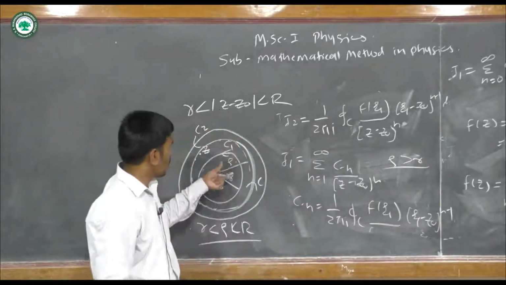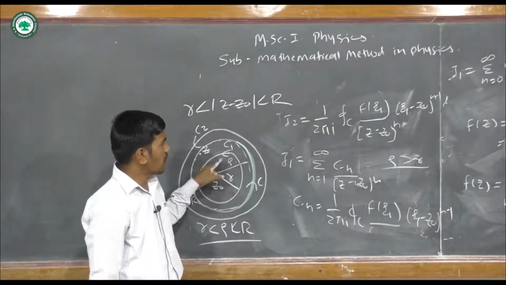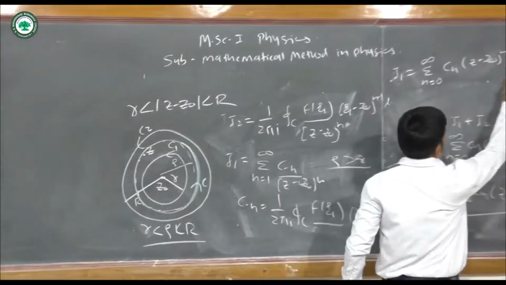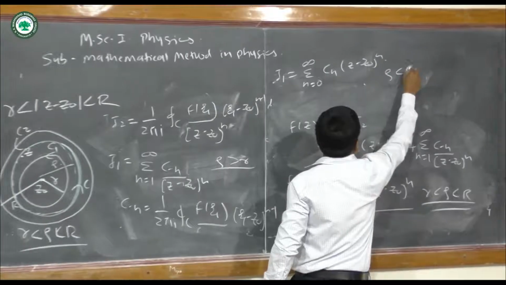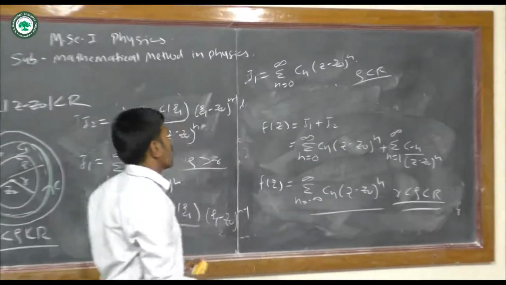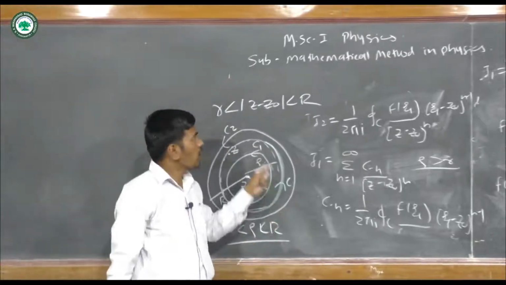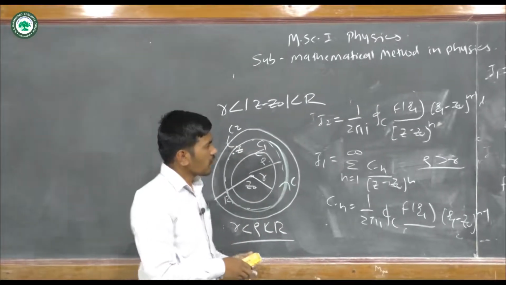Okay, this small r is the radius of C1, and for the region of I1 we can write rho is less than R, where rho is z minus z naught. Okay, so this is about the Laurent series.